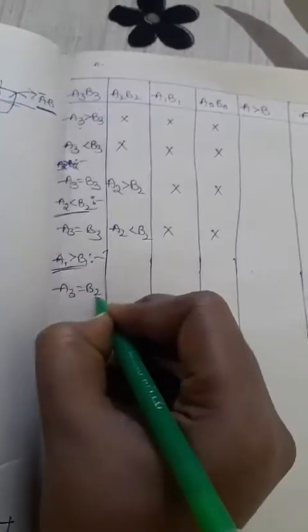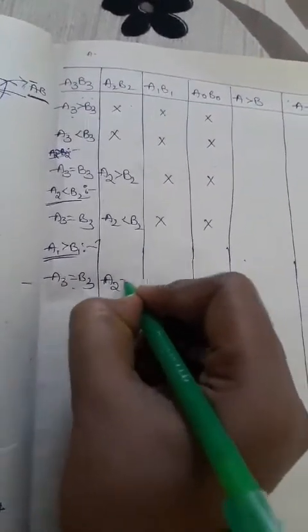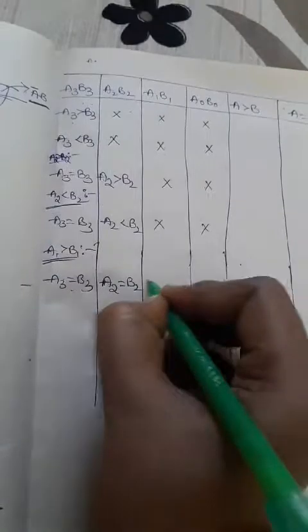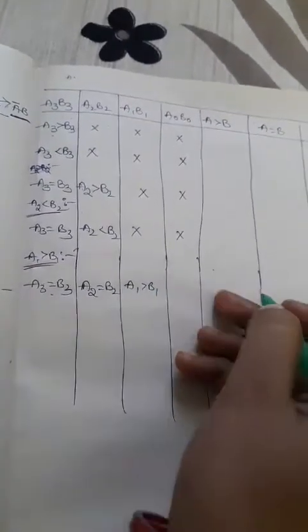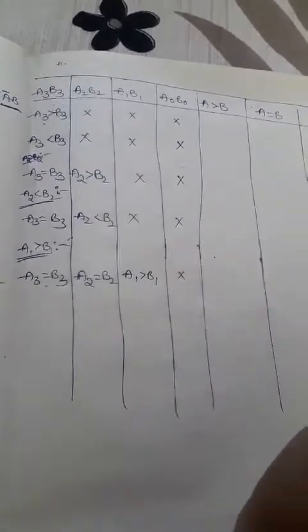That means the fourth bit will be equal, the third bit will be equal, and the second case will be A1 greater than B1. What about the remaining bit? Don't bother about that. Whether it is greater or less than, you can skip it. So the A1 greater than B1 condition is complete.